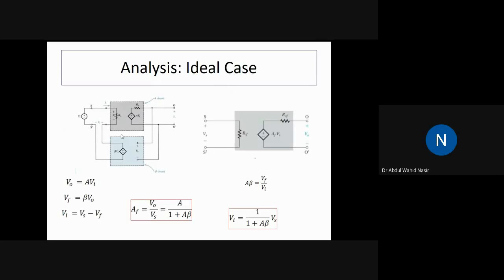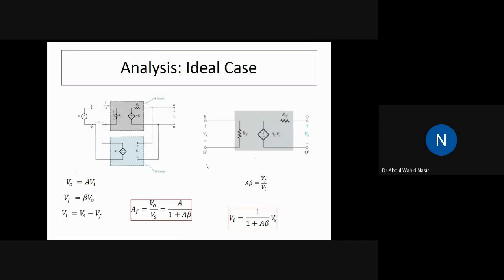The input to the beta circuit is V naught and its output is VF. Now, equivalent to this circuit, a more simplified equivalent circuit diagram is shown here. The right-hand side shows the equivalent circuit model of the series-shunt feedback amplifier.